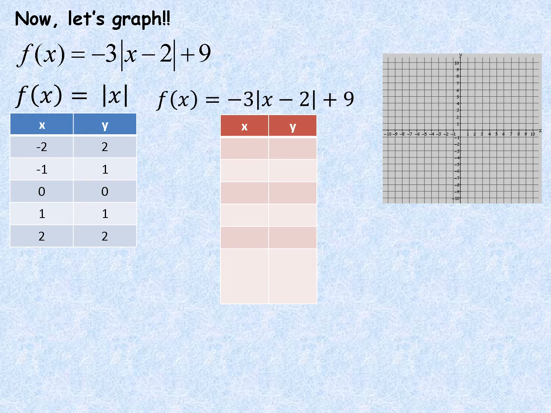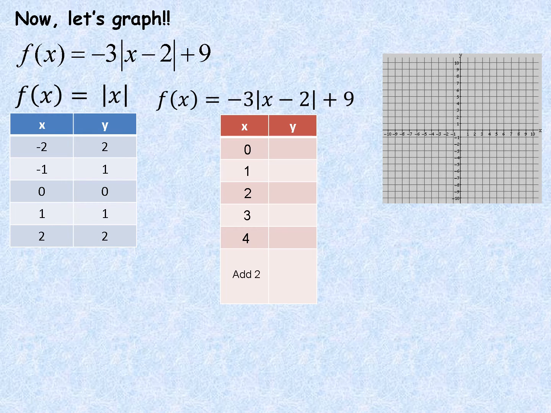So if it says x minus 2, what it's really telling us to do is add 2 to our x's. So negative 2 plus 2 is 0. Negative 1 plus 2 is 1. 0 plus 2 is 2. 1 plus 2 is 3. 2 plus 2 is 4. Okay, so we've got our x values.